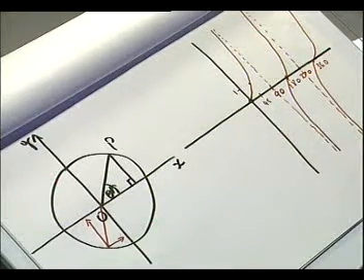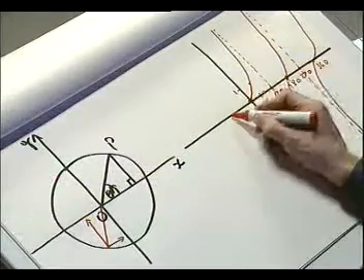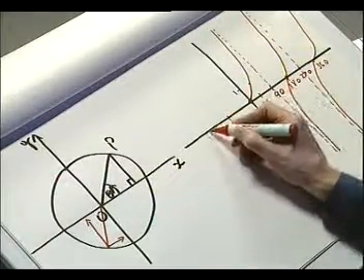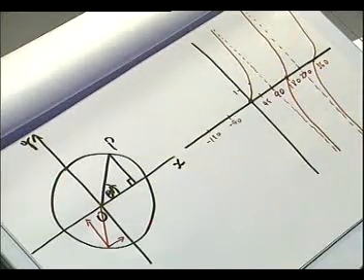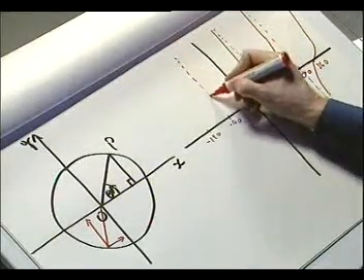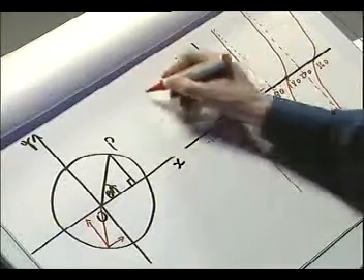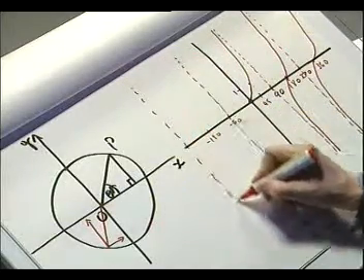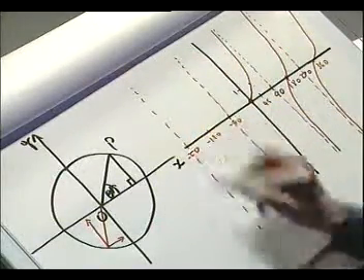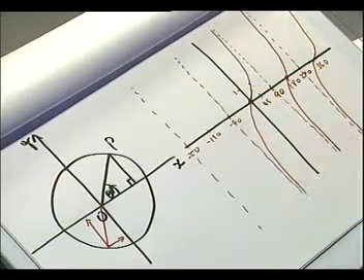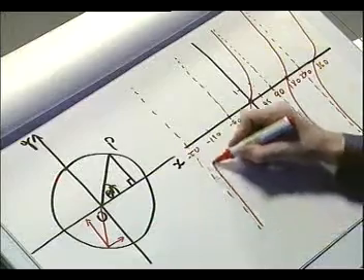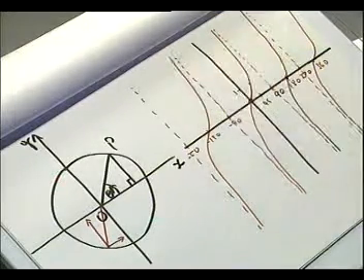What about back this way, when we've got negative angles? What's going to happen then? Well, we must have the same things occurring in terms of our asymptotes. And so we're going to have the same things occurring with the graph there, and so on.